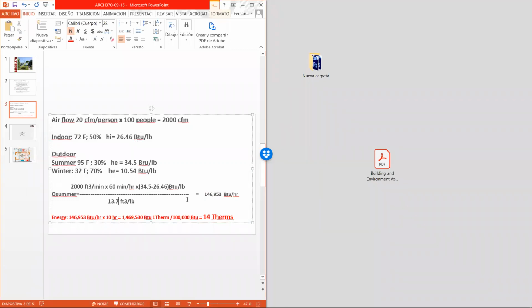Again, now this is 2000 times 60 times the enthalpy difference, divided by 13.7.